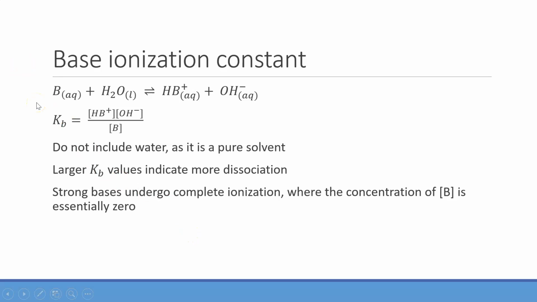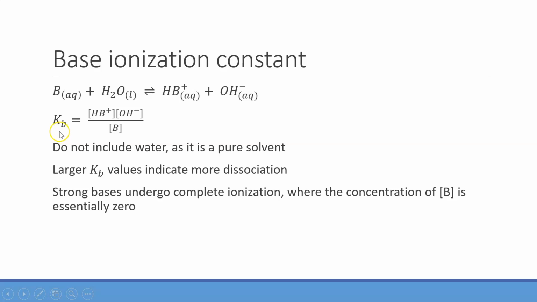There's also a base ionization constant, and this is really similar to the acid ionization constant, where you have your base and then the base steals the proton from the water, increasing the concentration of hydroxide ions. You can think of this like ammonia, where you have NH3 and then NH4 plus and hydroxide.